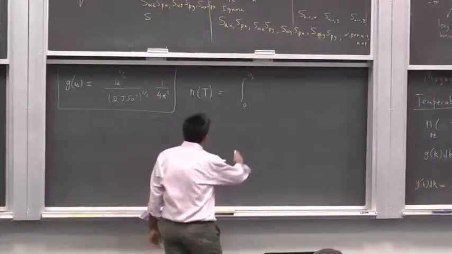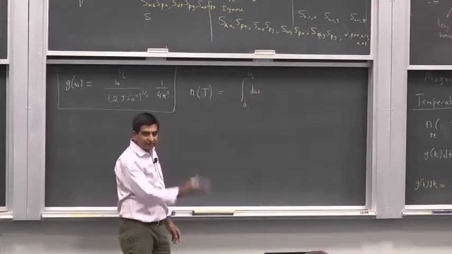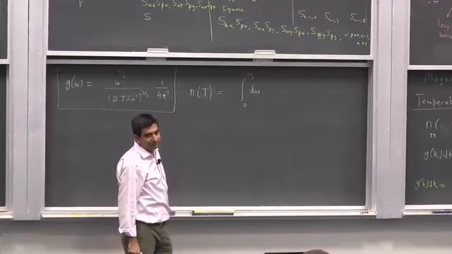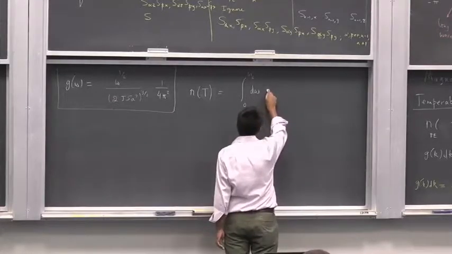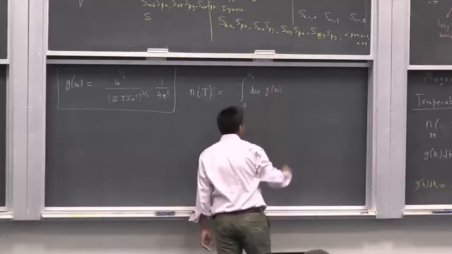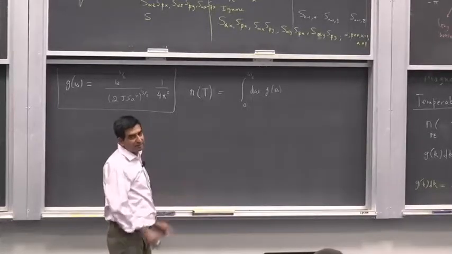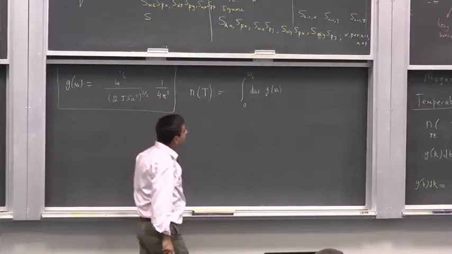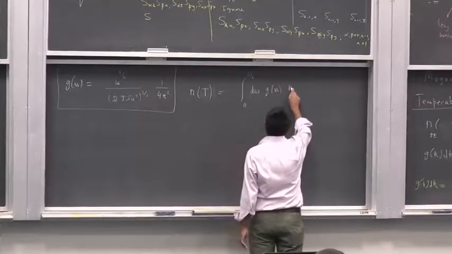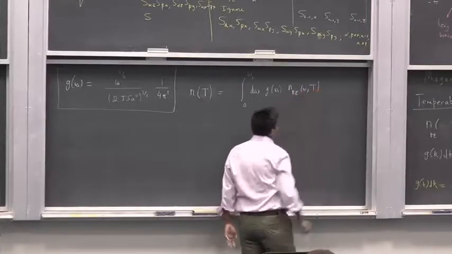Then you have d omega. Each mode has a frequency, so you integrate over all the frequencies. Then you would like to have the number of modes per unit volume, per unit frequency. That's G omega, which we've just calculated over here. And then you have the Bose-Einstein distribution, n(omega), a function of temperature.